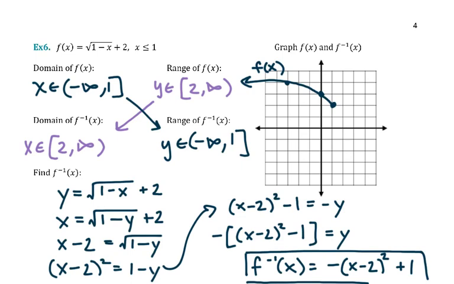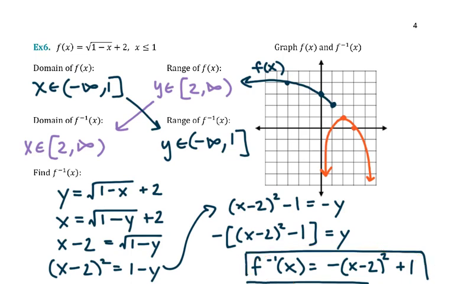So my graph here, my inverse graph, it is a parabola opening down, again shifted right 2 units and up 1. And so you're going to want to draw both the left and right half of this curve, because when we look at the function we have down at the bottom there, it's a parabola.